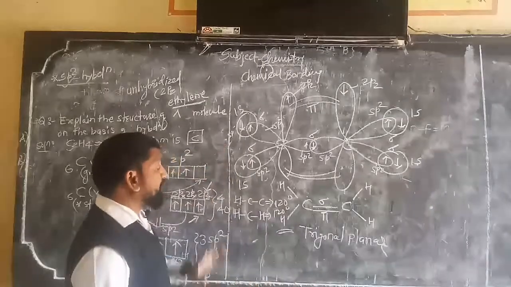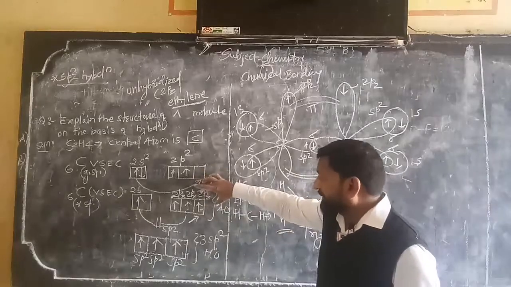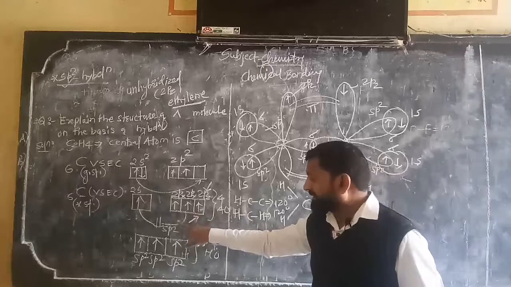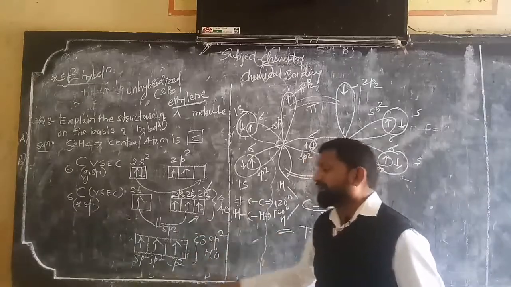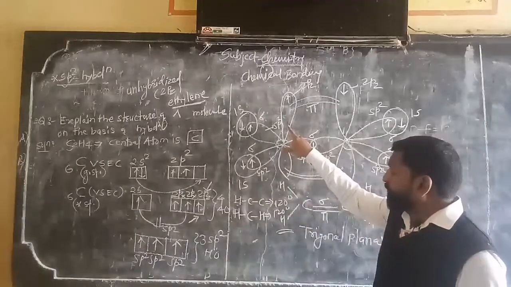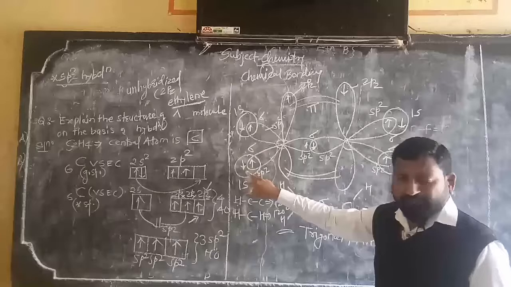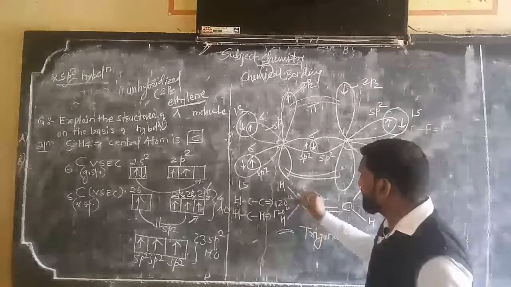Is that clear? So I repeat in short, see here what happened. Out of these 4 atomic orbitals, one 2s and two 2p atomic orbitals take part in the sp2 hybridization, forming 3 sp2 hybrid orbitals, which as usual overlap axially with one another, as well as with the 1s atomic orbital of the hydrogen atom, forming sigma bonds. So how many sigma bonds are there?